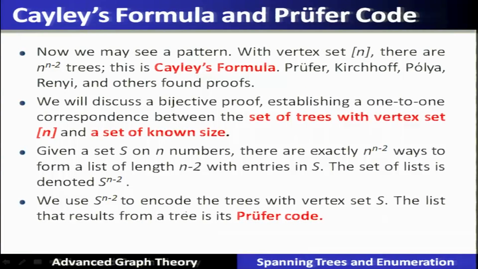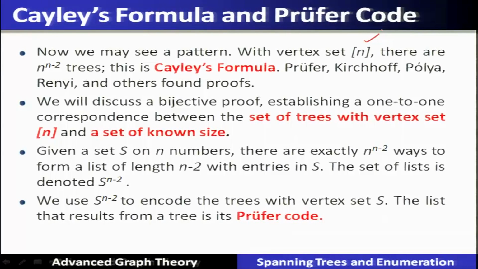So, now we can see a pattern with the given vertex set n, and this formula, n raised to the power n minus 2, called Cayley's formula, covers that pattern. Prüfer, Kirchhoff, Euler and Rényi have found proofs. We are going to discuss all this in this lecture.